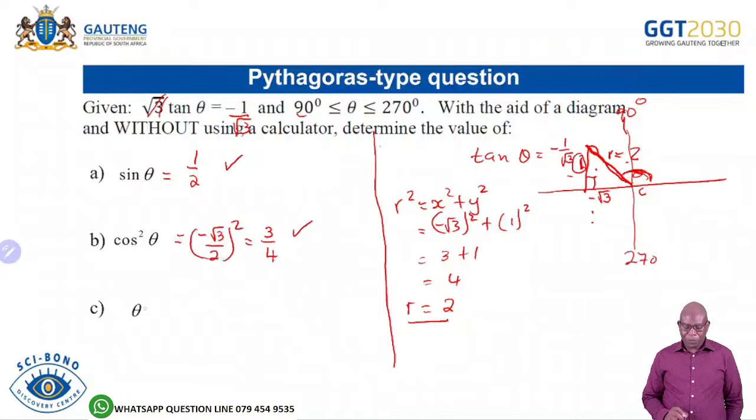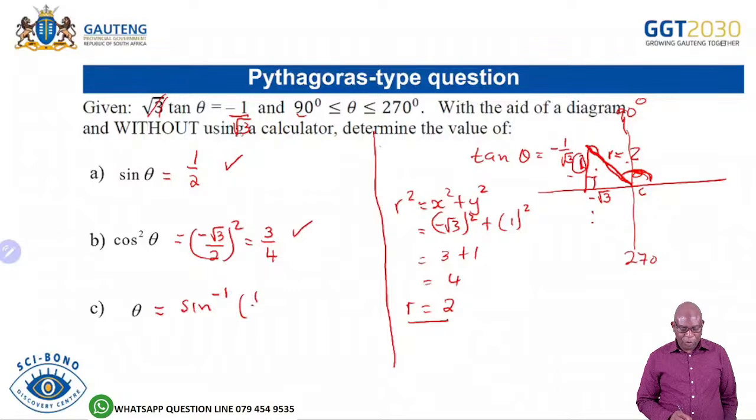The theta, the easy one for me to write will be to use that sine of theta. So I can then say theta will be arcsine of a half, because I already have it in A there. The arcsine of a half will be equal to 30 degrees.